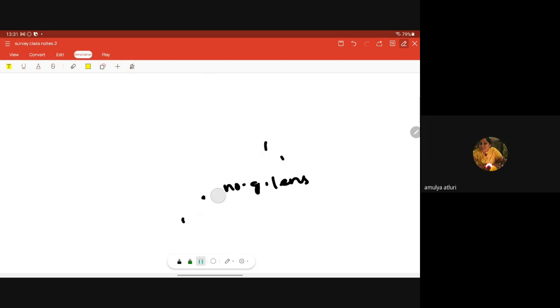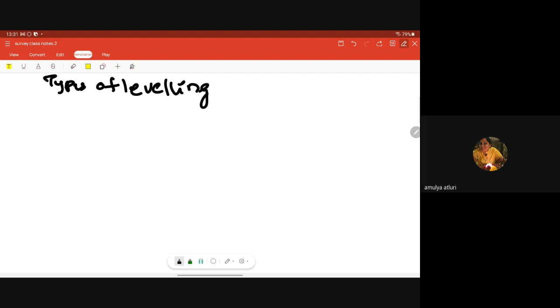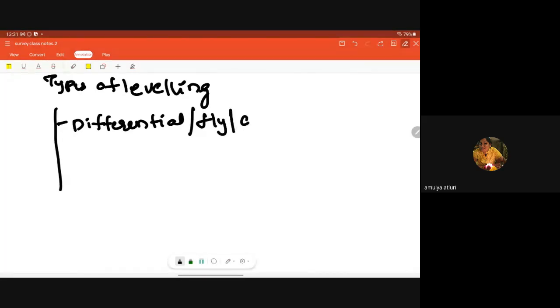The next topic is types of leveling. What are the different types of leveling? Differential leveling, or fly leveling, or check leveling.